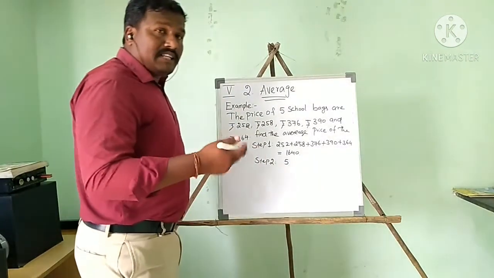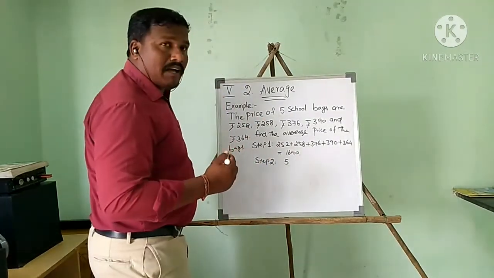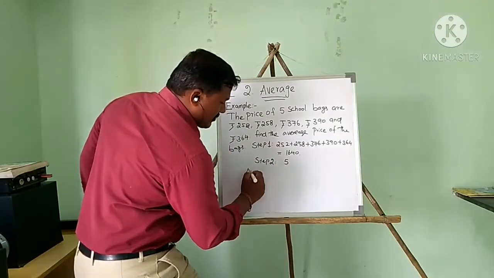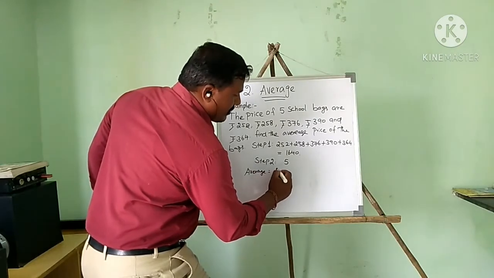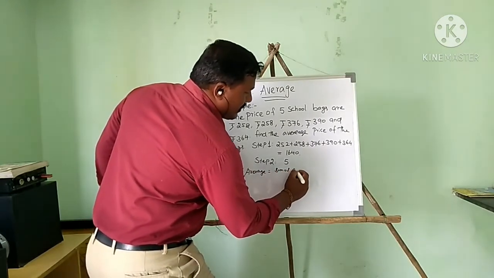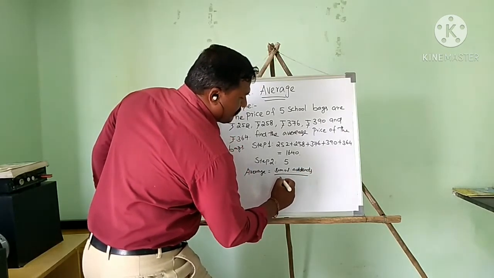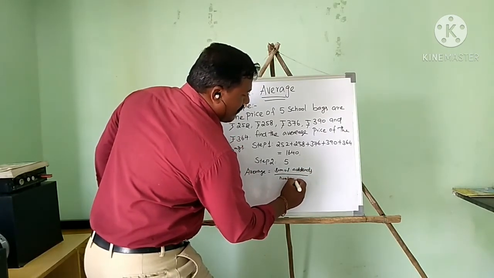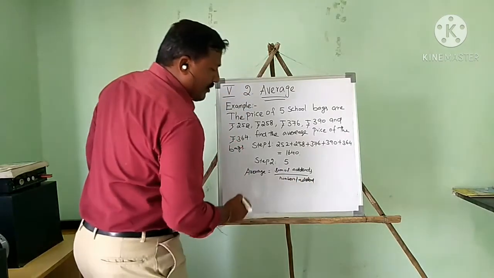Now I am going to find the average of the bag price. For that, you know the formula: average is equal to the sum of the addends divided by the number of addends. So I have to apply this.